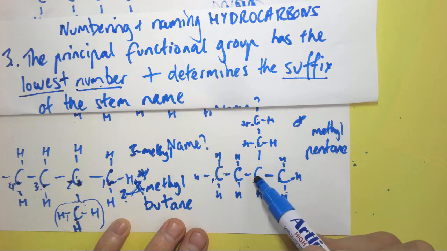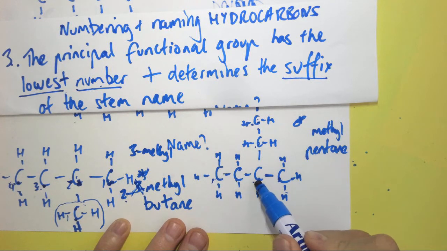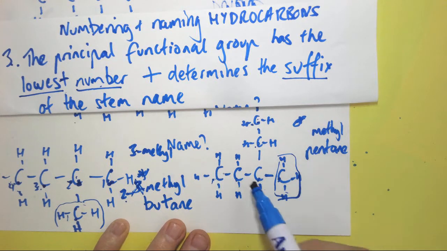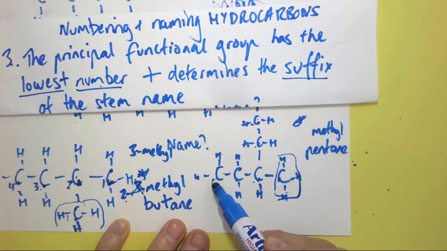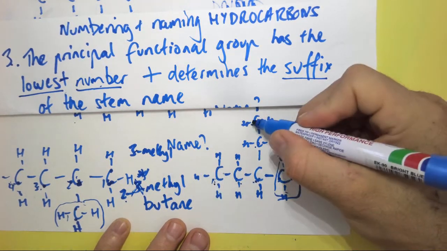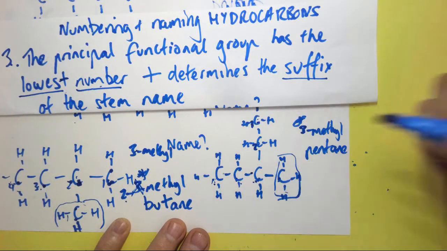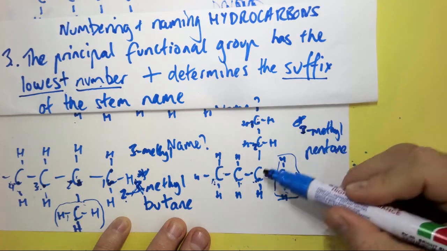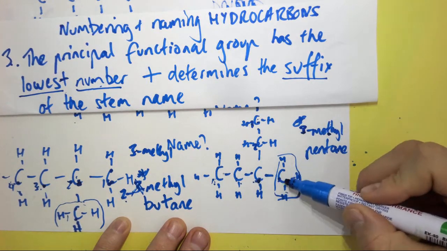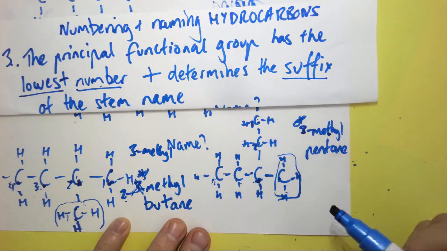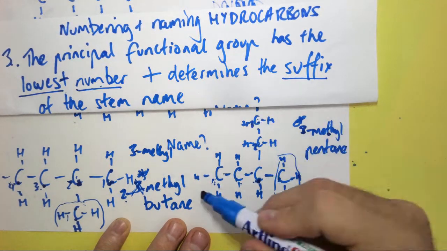So the functional group, the methyl, is attached to number 3. So it could be 3-methylpentane if we started there. If we number from the other end, it doesn't make a difference. So 3 shows you which carbon it's on. Methyl is a CH3 group. Pent means there's 5 carbons in the longest chain, and ane means it's all single bonds.